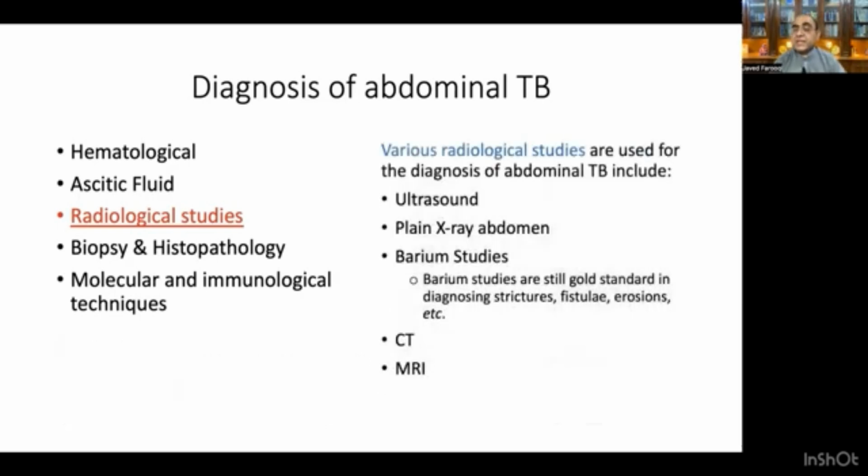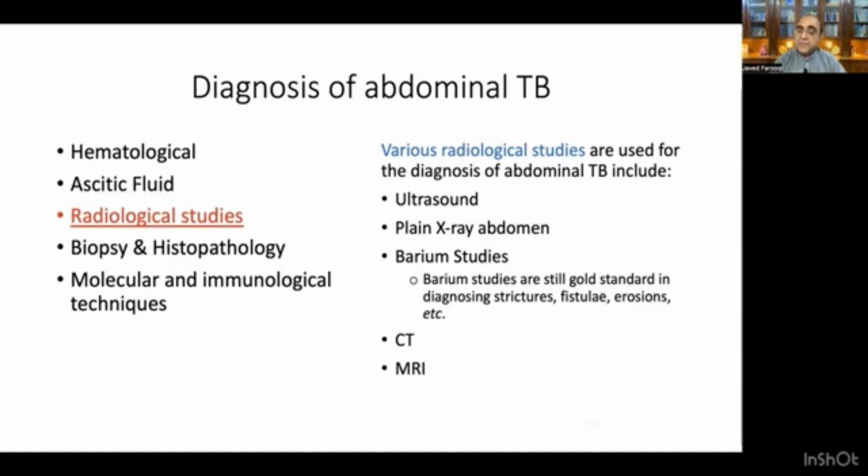Third modality is that of barium studies. These are still gold standard in diagnosing strictures, fistulae, erosions, etc. We shall discuss this in detail in the next lecture on the types of abdominal tuberculosis.